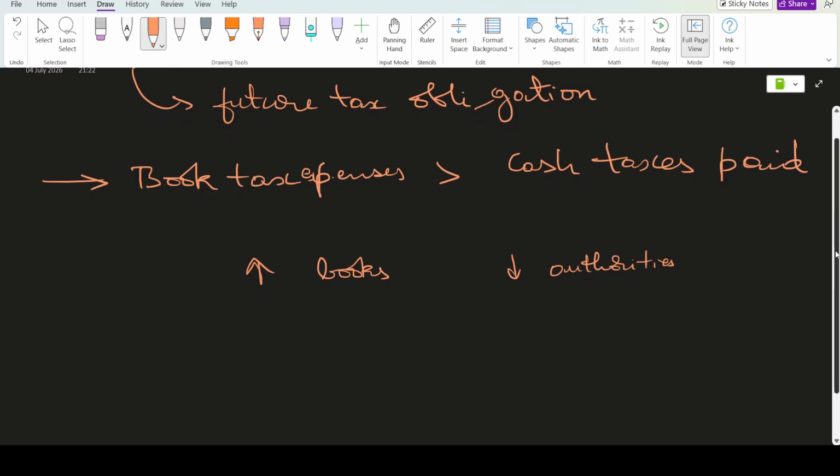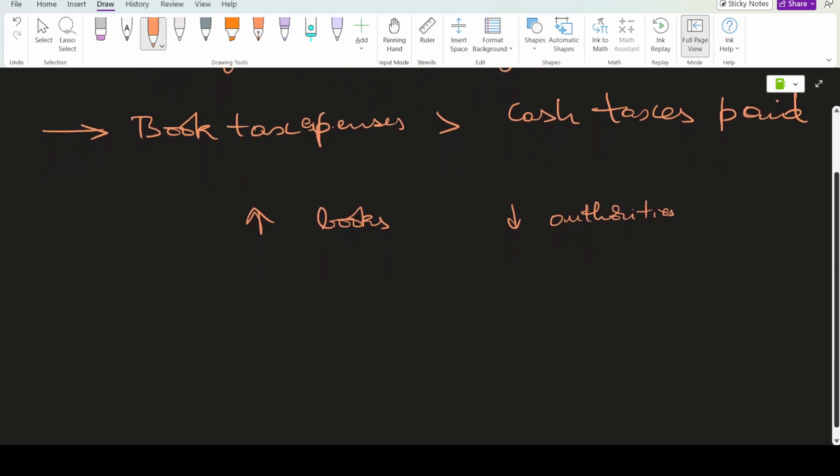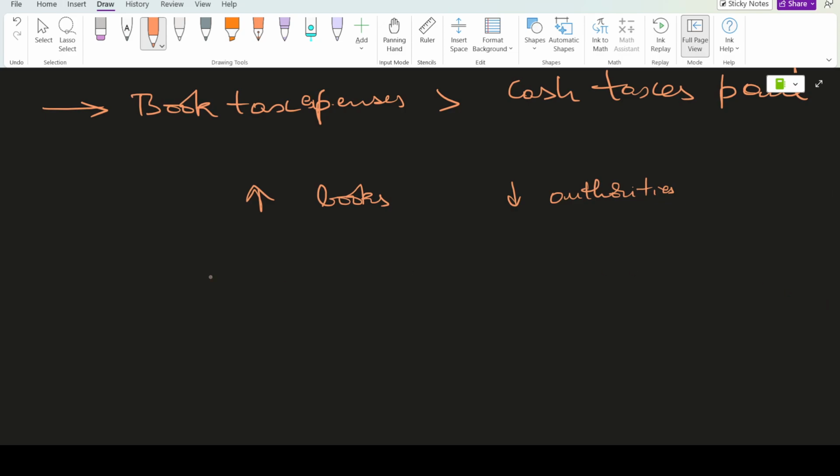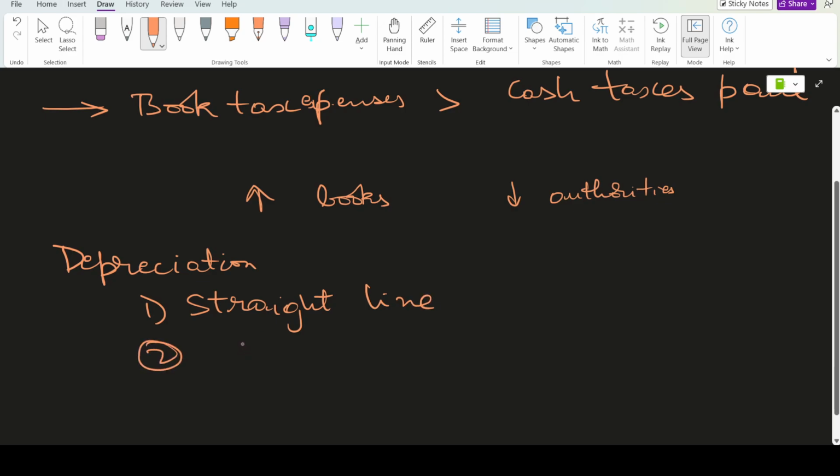How this is actually done, we need to understand something about depreciation. There are two types of depreciation you need to understand. One is straight line depreciation, and another one is accelerated depreciation.